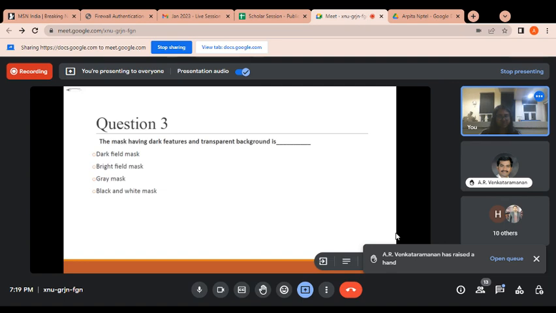This is a dark feature, and the background is transparent. Transparent means the UV light, the source light, can easily pass through it. So maximum space of the mask is transparent. So what type of mask is it? Bright field. Okay. Anyone else?